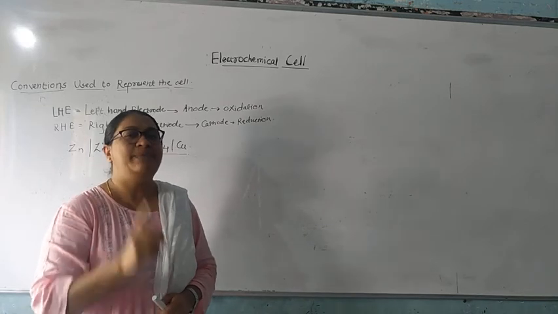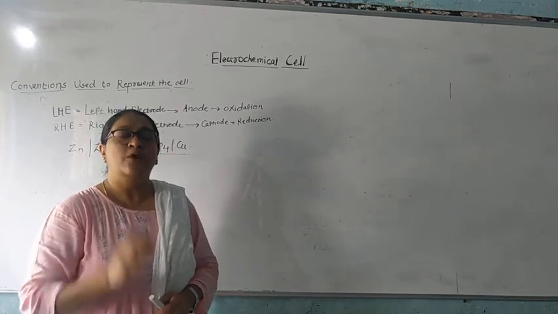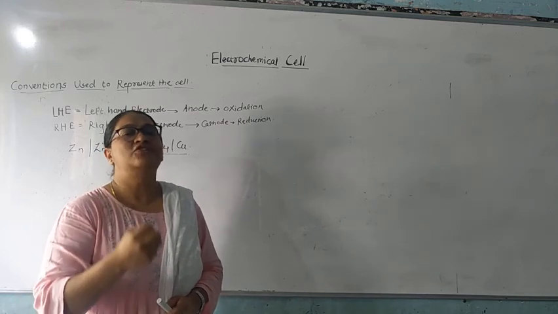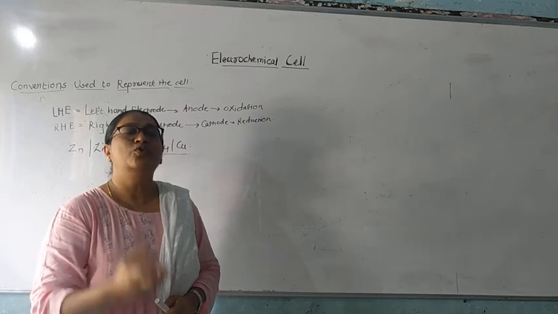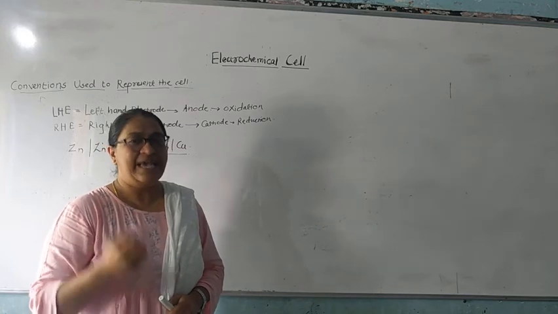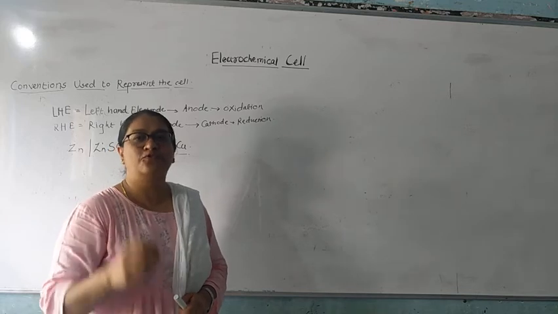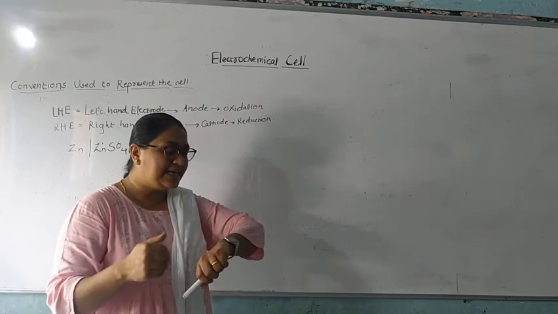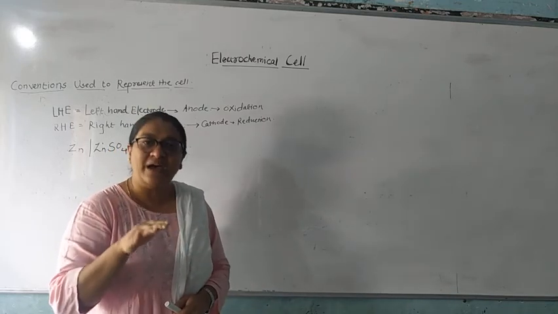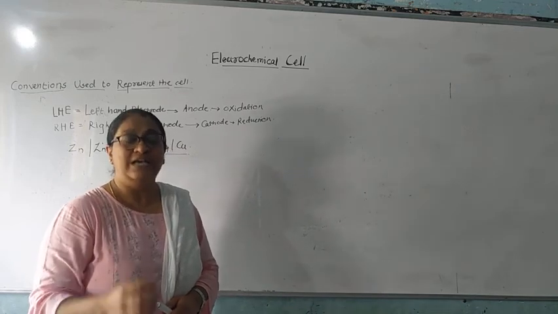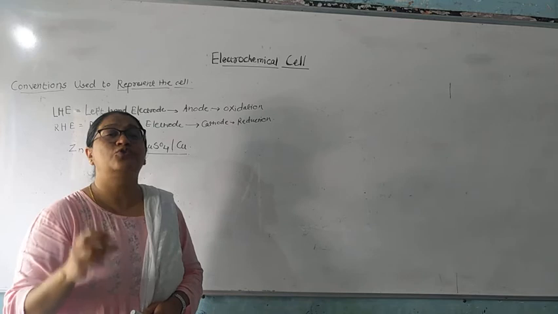Why is this done? Because these fine particles of platinum have good adsorption properties, and therefore when you bubble hydrogen gas on this platinum foil, the hydrogen gas gets easily adsorbed there and remains on the foil. So this is how the gas electrode is set up.